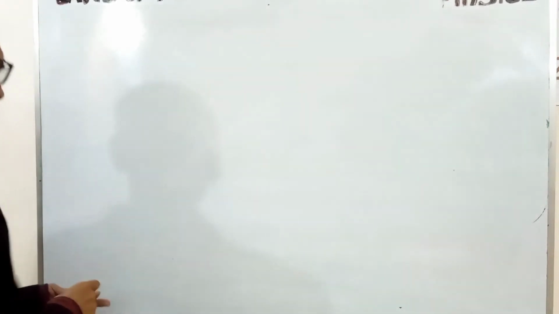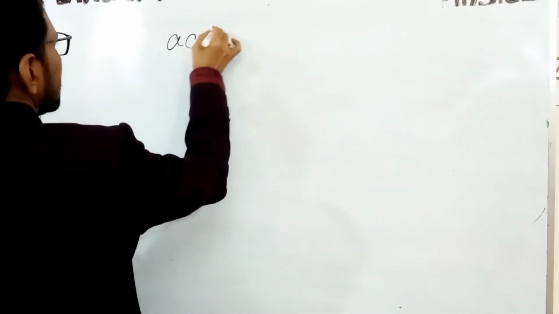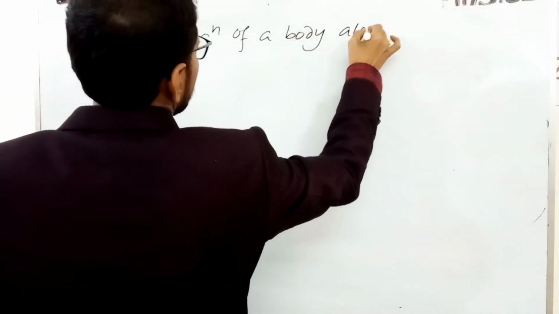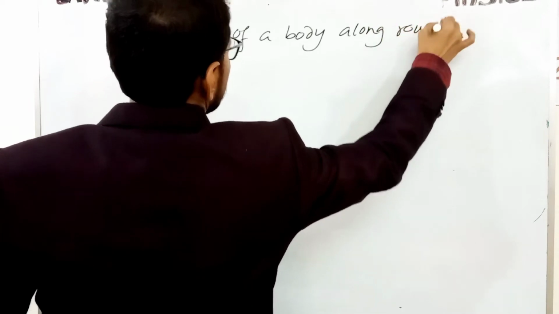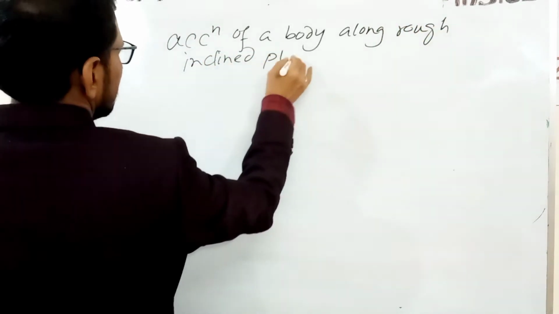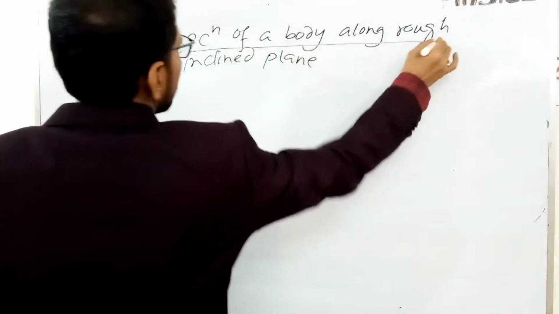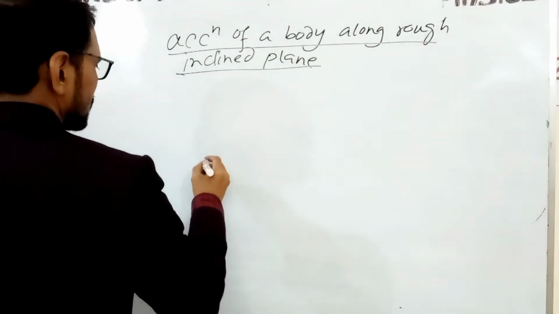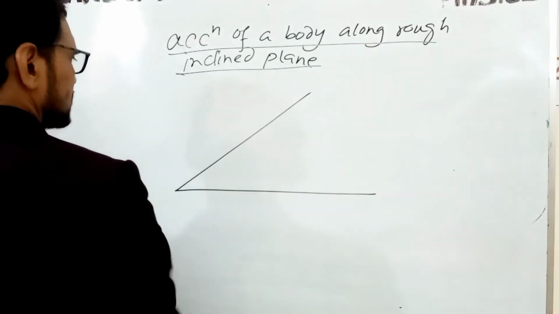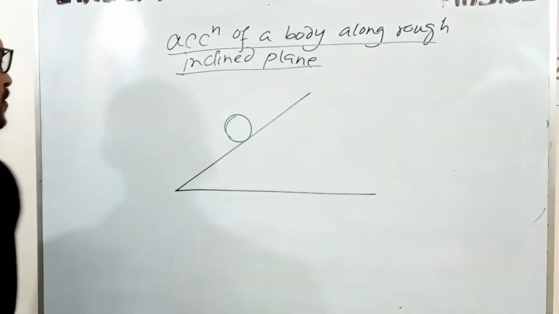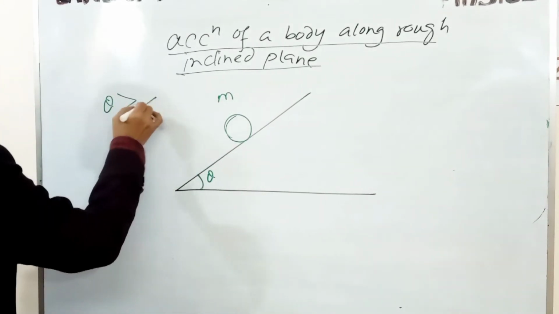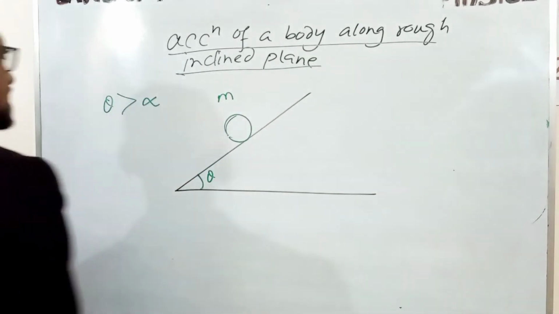Now consider the acceleration of a body along a rough inclined plane. Suppose this is a body of mass m. Here theta is obviously greater than the angle of repose. The body accelerates in this direction.